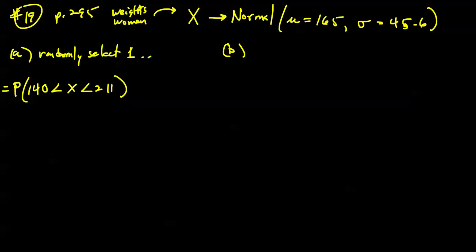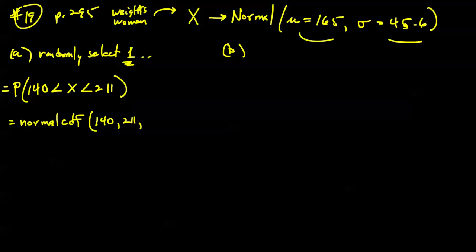And again, we're only talking about one woman here, so I can use techniques in section 6.2, in particular our normal CDF command. Well, our interval of interest has 140 on the left bound, 211 on the right bound, and the given mean and standard deviation. And I can punch this out with my TI-83, and I get 0.5517.